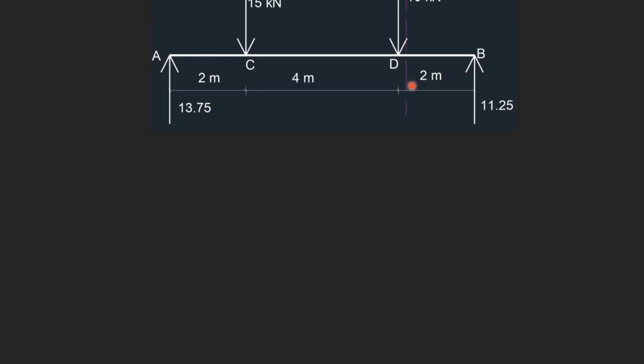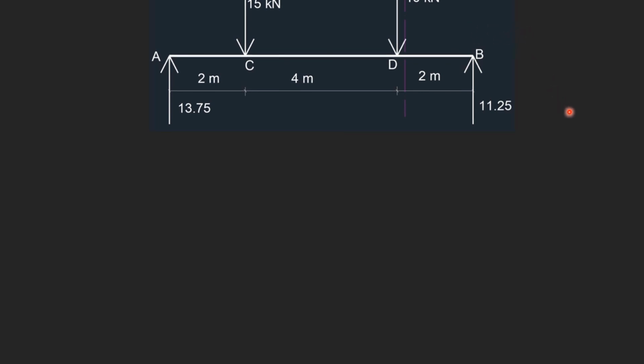Now let's move the section to the point D. On the right we have one load and on the left we have two loads. So better to consider the right of the section. Here this upward load will lead to an anti-clockwise moment at the right side, that is a sagging effect.